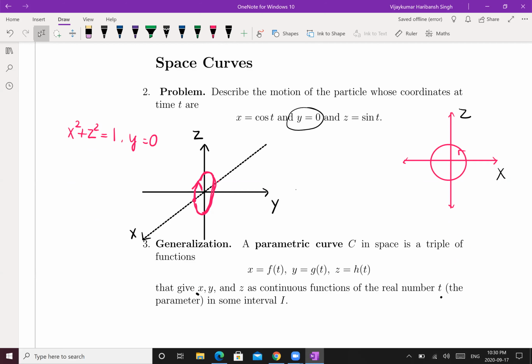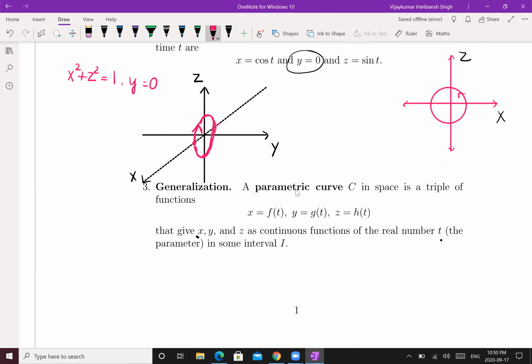The generalization of this idea is the parametric curve. So what is a parametric curve? A parametric curve C in space is a triplet of functions x equals f of t, y equals g of t, and z equals h of t. They are all functions of one variable, t. The extra thing we need is that x, y, and z are continuous functions of t.